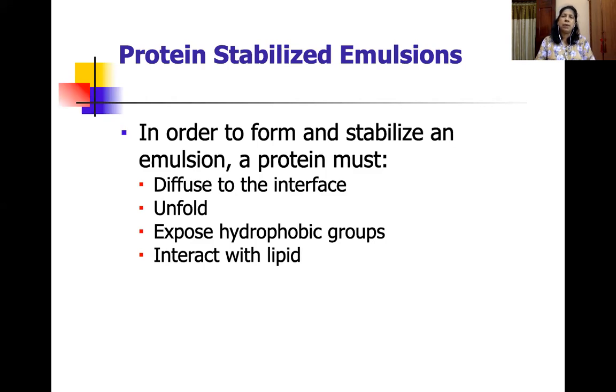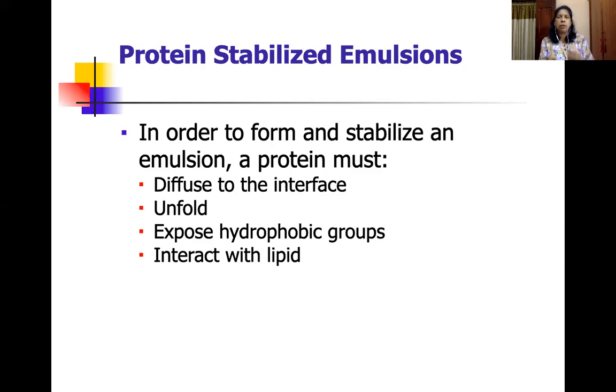But if the two phases are there, with oil on the top layer and water in the lower layer, we can't do this. That is why we want to introduce the emulsion.